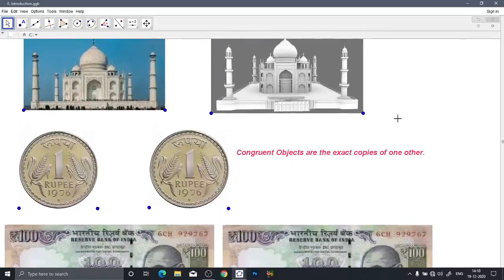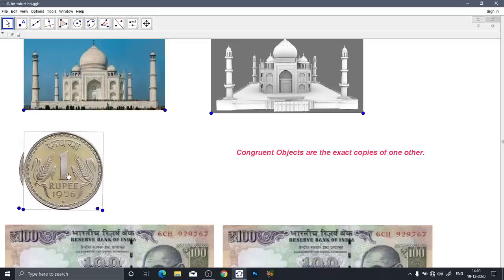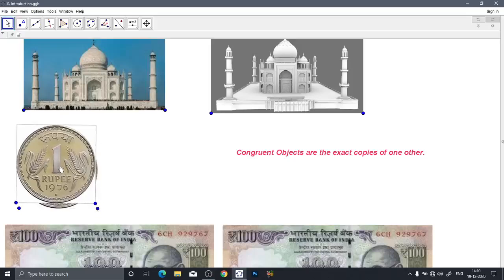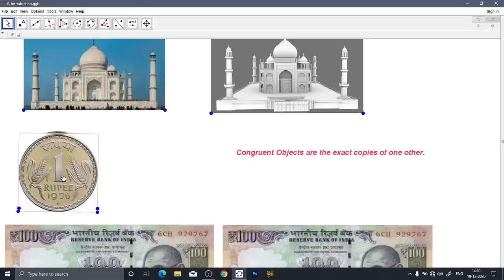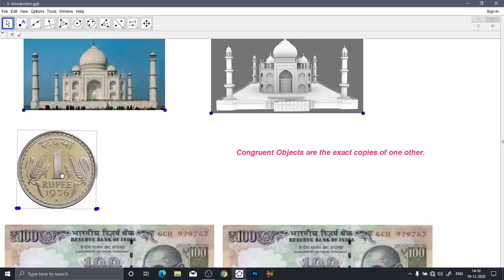If we take two 1 rupee coins, or 5 rupee coins, or 10 rupee coins, all coins will be equal in both shape and size. That's why two 1 rupee coins are congruent to each other, because if we overlap one over the other, both of them exactly coincide with each other.